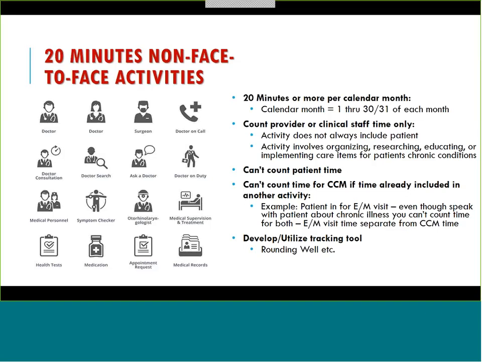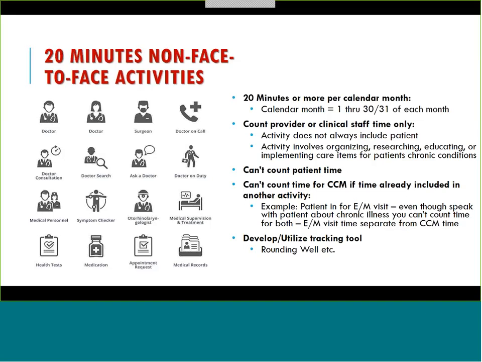So for instance, I have some clinics that I've heard will bring in patients for a patient visit, and then will also go into the room and discuss CCM with them at that time with their chronic illness and set up things. If you're going to have a visit, the patient comes in, you need to be able to carve out, say, the 20 minutes for that visit that happened for the patient visit.